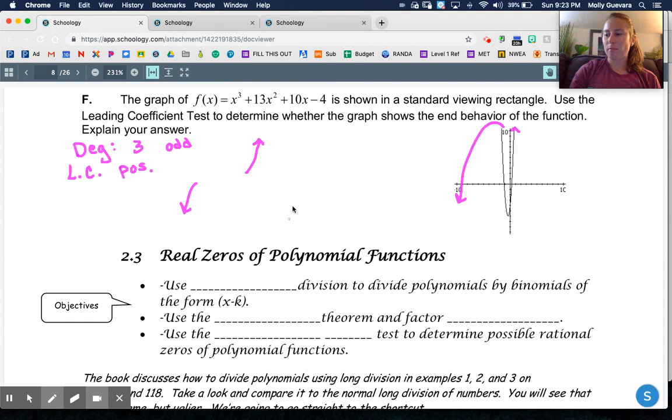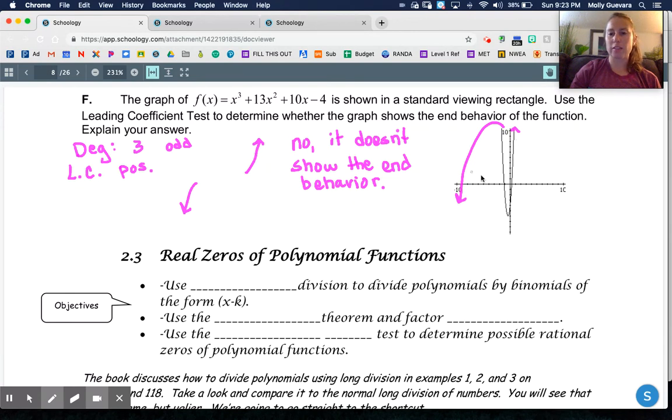Okay, so no, we can say no, it doesn't show the end behavior, right? Just in the standard viewing window, which goes from -10 to 10. If I made this bigger, right, and looked at maybe -100 to 100 or whatever, maybe it would show.